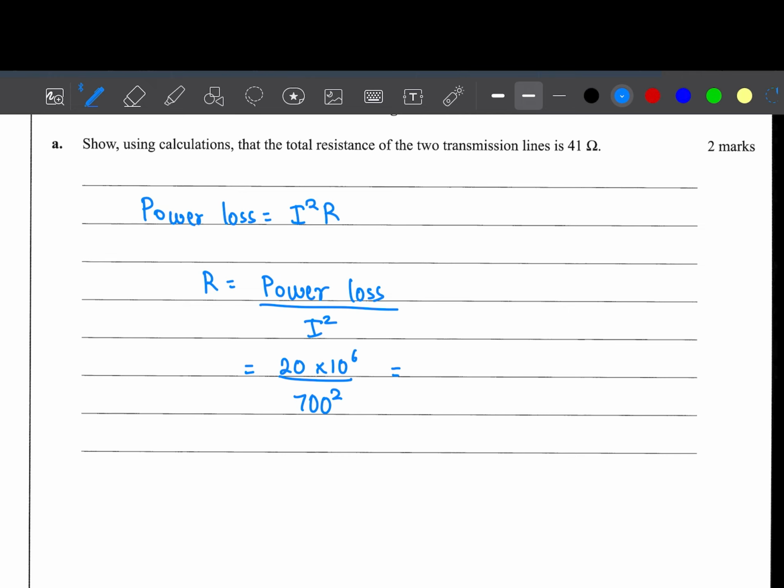So 20 times 10 to the power of 6 over 700 squared. Yep, it is giving me 40.8 ohms, and rounding it up, that is equivalent to 41 ohms.